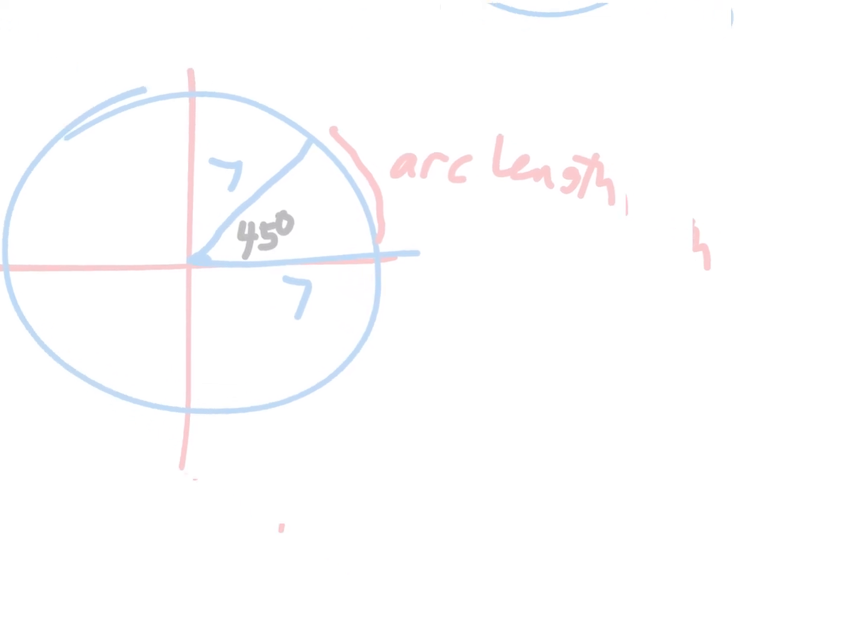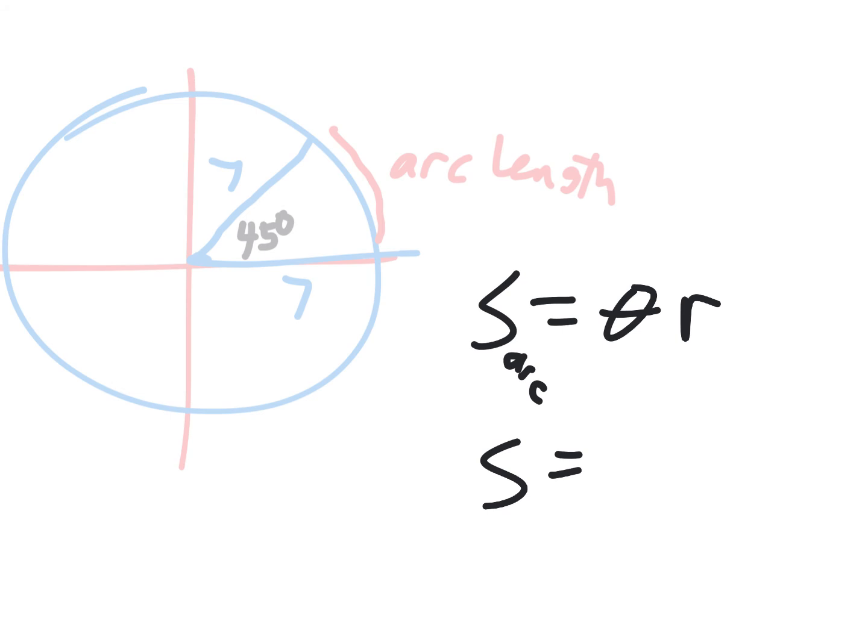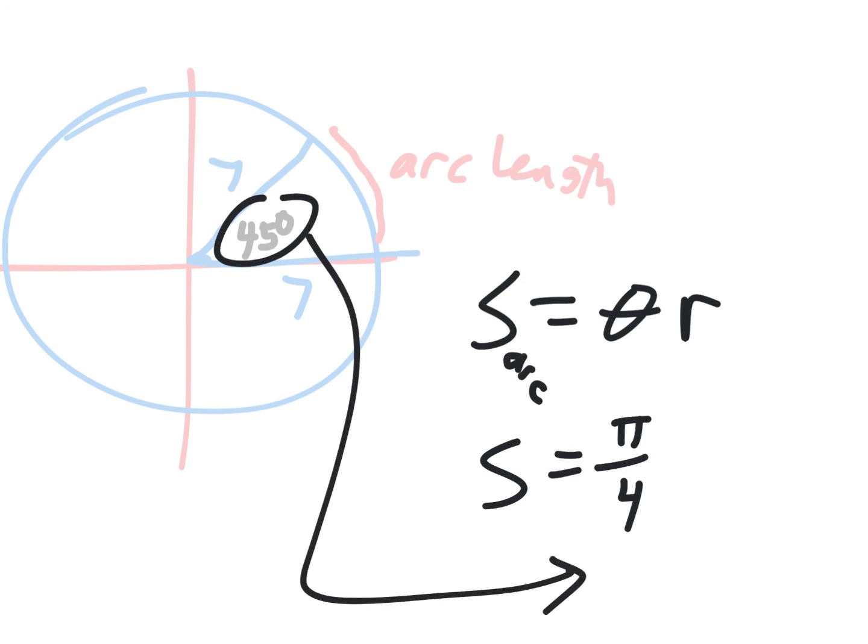All right, here we go. You should have known this was S equals theta R. S is the arc length. That arc length is theta, which is pi over 4. I hope you're getting good at changing these into radians and degrees.